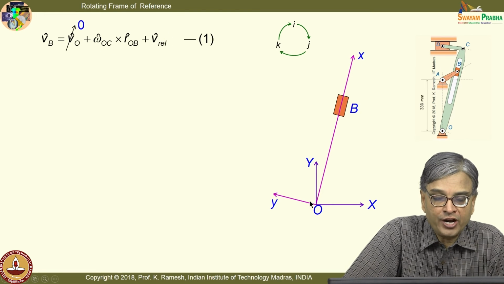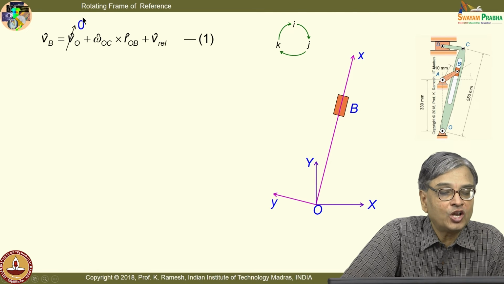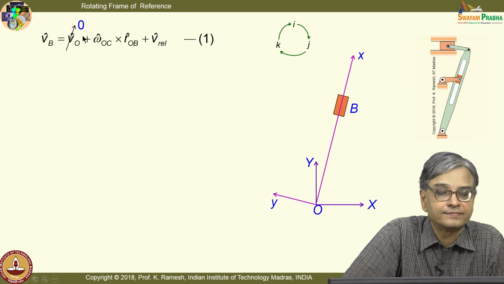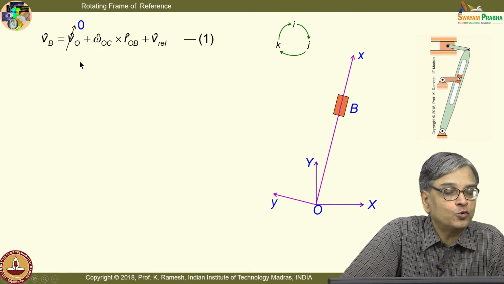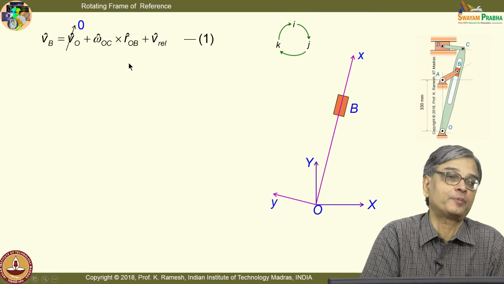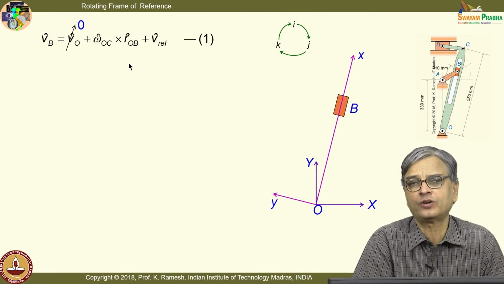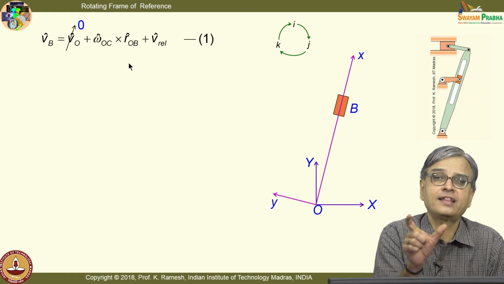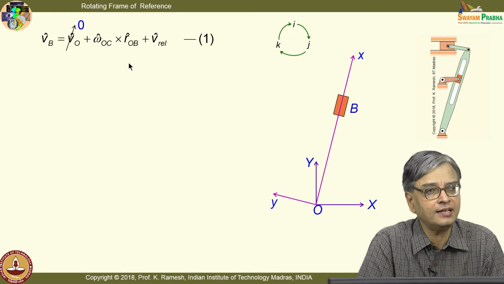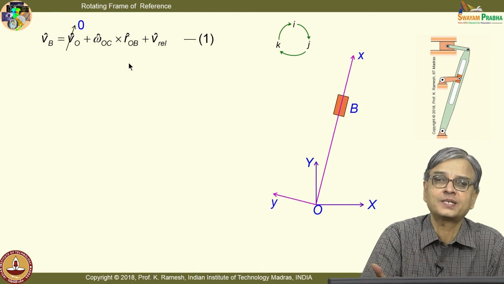And because point O is fixed, the velocity of O is 0. So, if you graduate, then you can directly write the expression appropriate to the problem. Whichever way you do it, I have no difficulty. You can write what is the expression taught in the class and then convert that to the specific problem of interest.